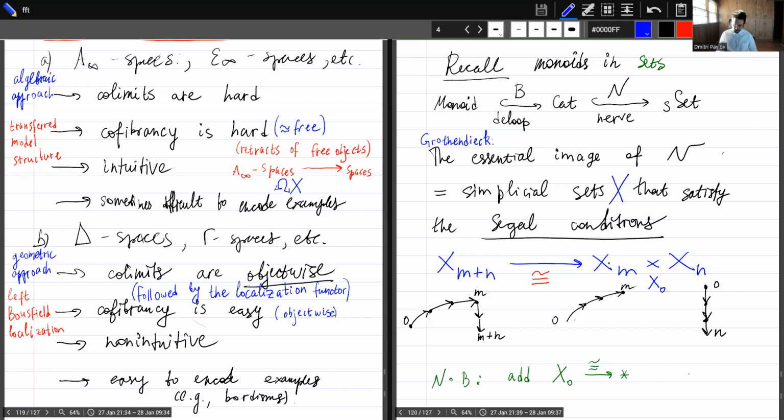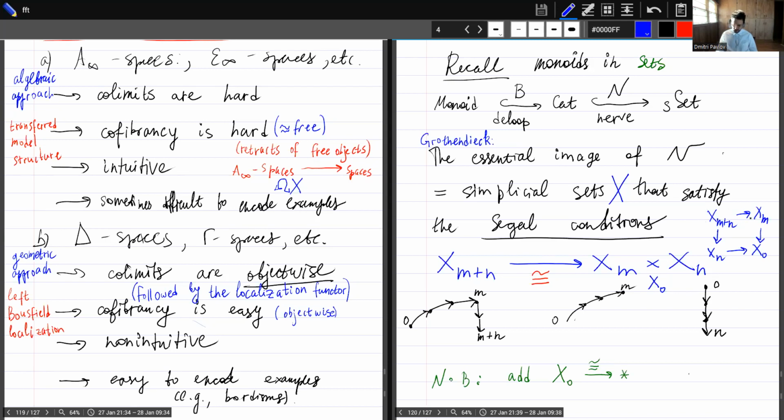Well, to define a map to a fiber product, you must define a commutative square, right? So I would have to specify a commutative square of this form. And you can already guess what these maps should be.